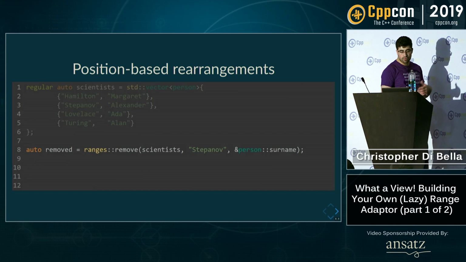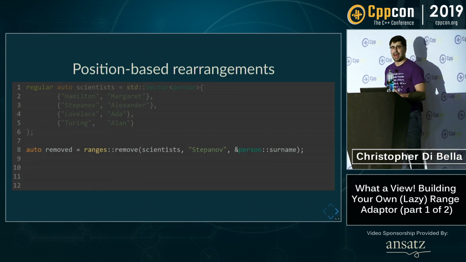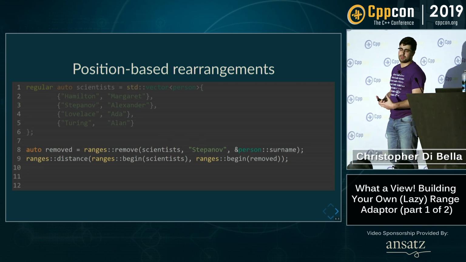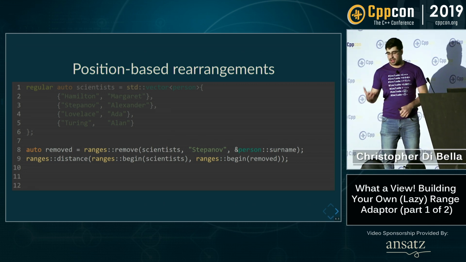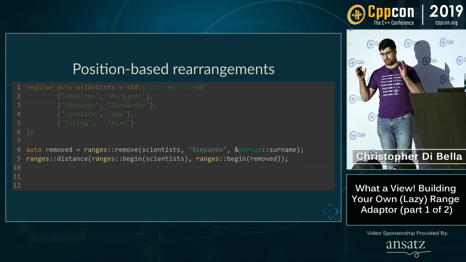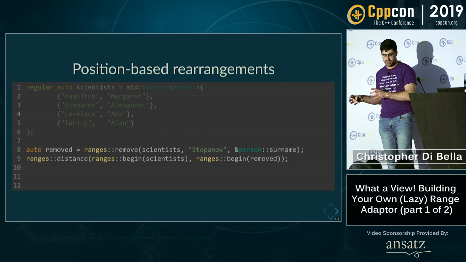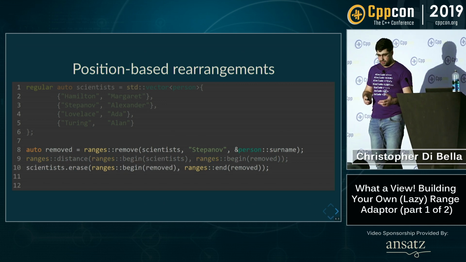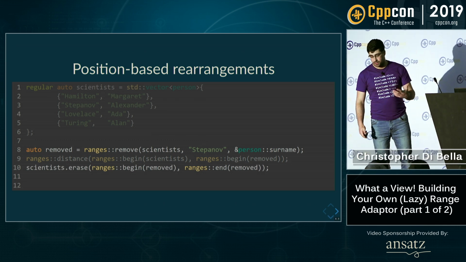There's another one called remove, and remove cops a bit of flak. It's an algorithm that takes all the elements that meet a particular predicate and puts them at the back, and then we can remove them from the actual range by erasing them.